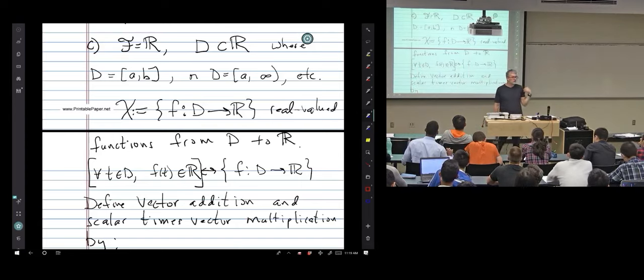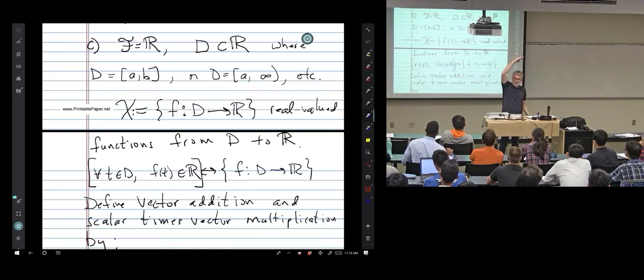In MATLAB, when you define a function numerically, you say t equals, and you go the beginning point, you go the delta t, you go the ending point, and then you write sine of t, and you think you're manipulating sine of t, but you're really manipulating a vector, maybe you had 1,000 points in it, that has sine of the first point, sine of the second point. In MATLAB, vectors and functions are the same thing too when you do numerical calculations, okay? You just never thought about it.